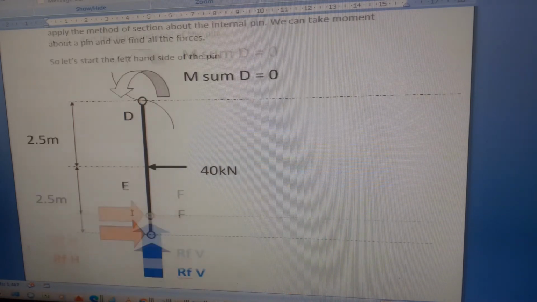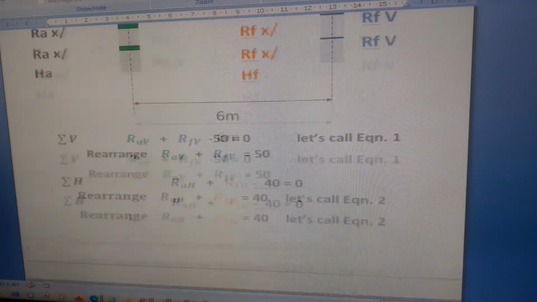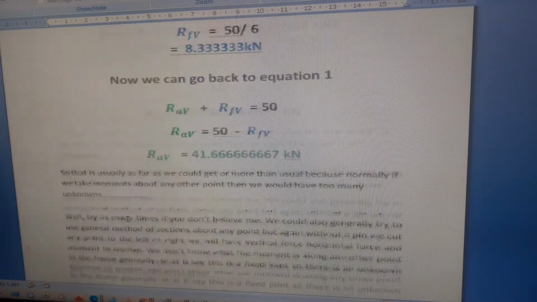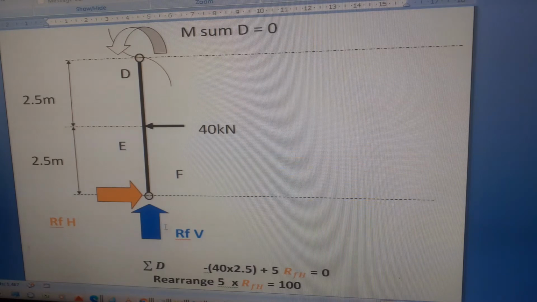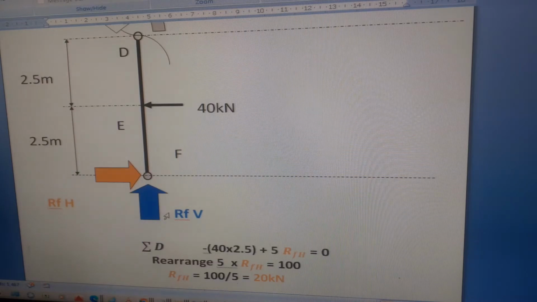I just color coded it, as you could see in the previous video, just to make life a bit easier. And then RFV, we found, equals 8.33, so it's still an upwards reaction. So let's take moments about D.